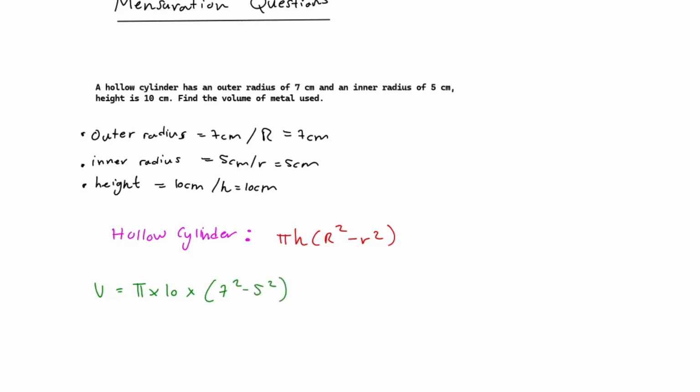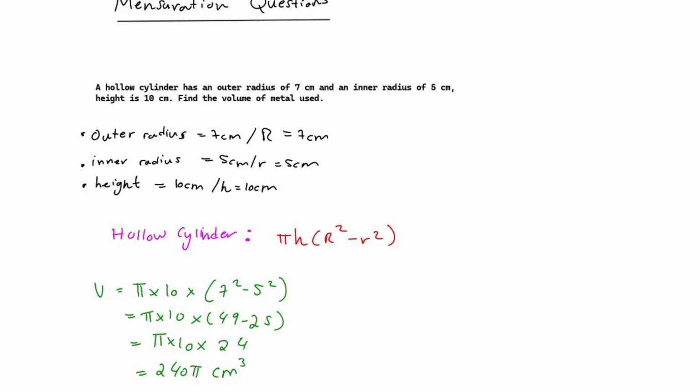And this is going to be equal to pi times 10 times 49 minus 25, 7 squared minus 5 squared. And this is going to be equal to pi times 10 times 24, which is equal to 240 pi centimeters cubed.